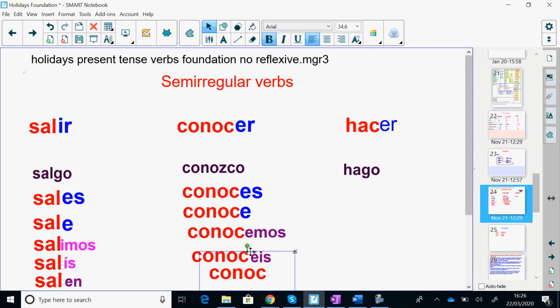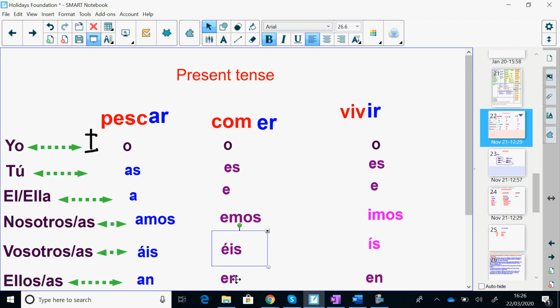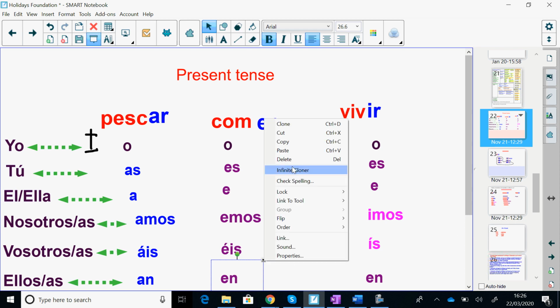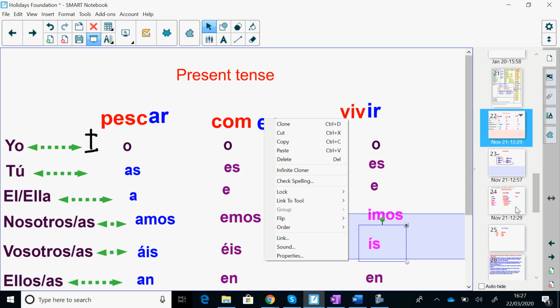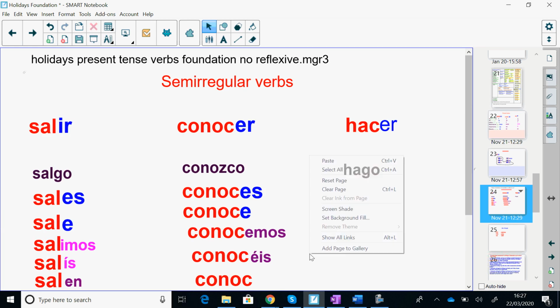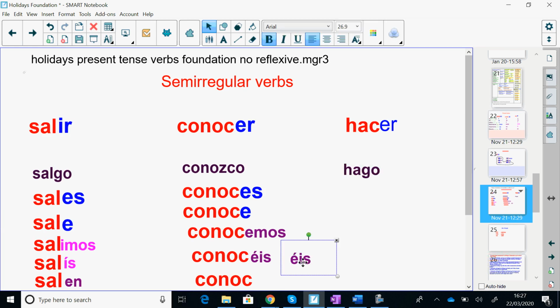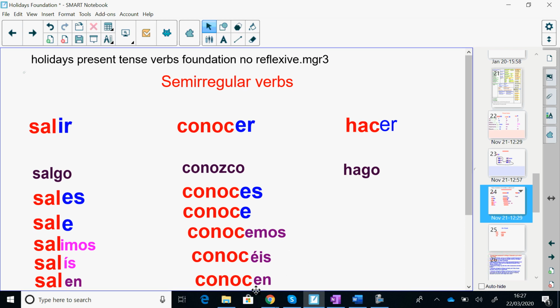Clone. There we are. How will it be for they? It's going to be here. Conocen. So we can copy it, and we come here, and we are going to paste it. Sorry, I pasted the wrong one. Conocen, they know.